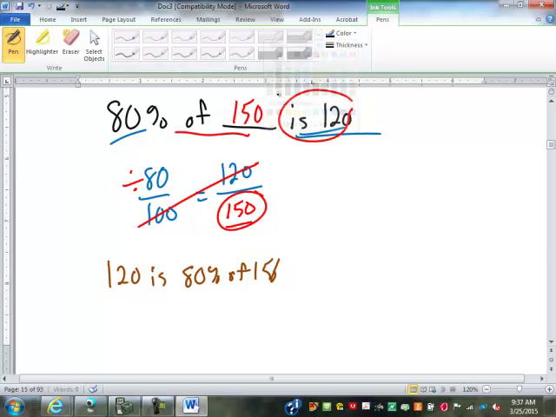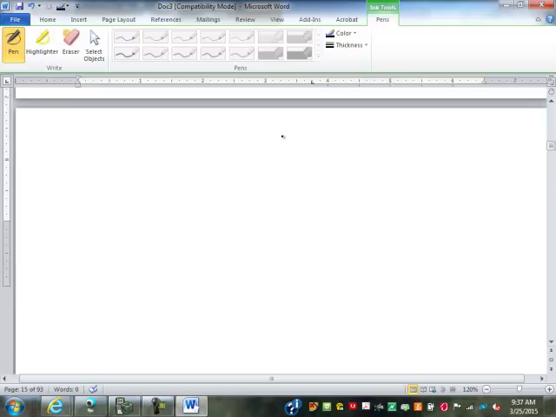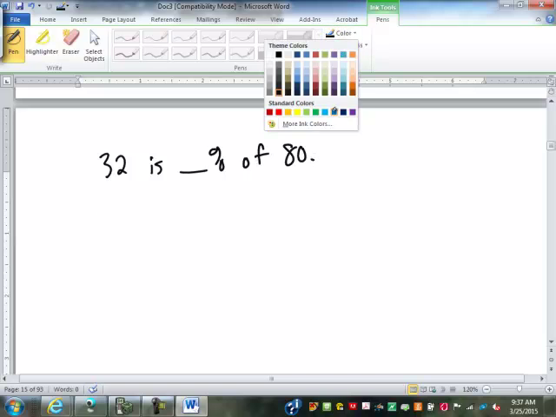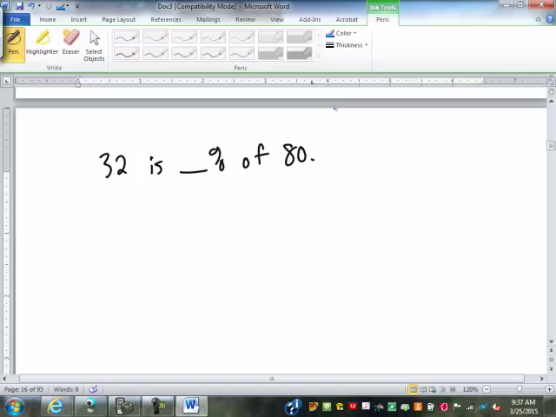What if we look at one like this? Now we don't have the percent. But I've been saying we always start with the percent. So what do we do when we don't have the percent? Well, we still start with the percent.